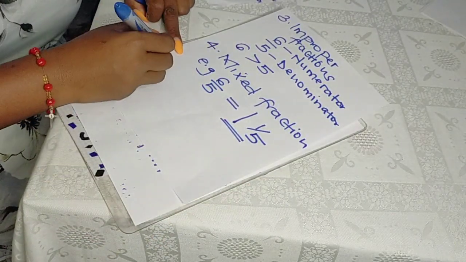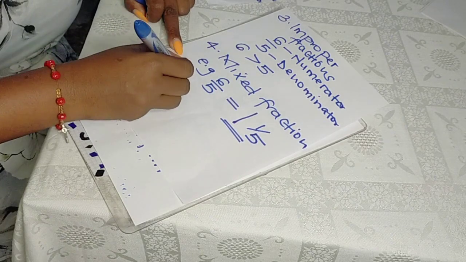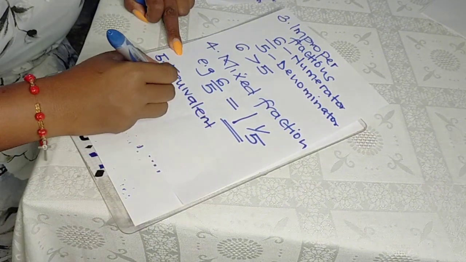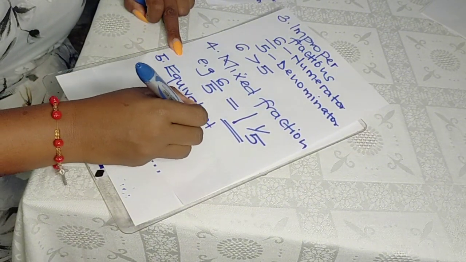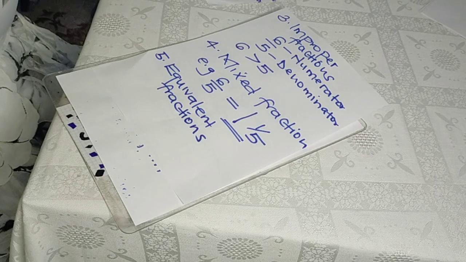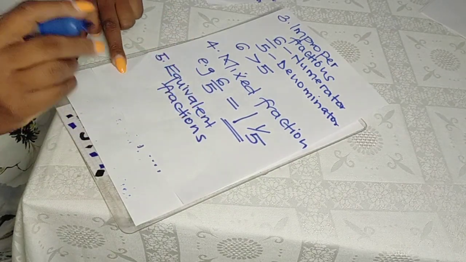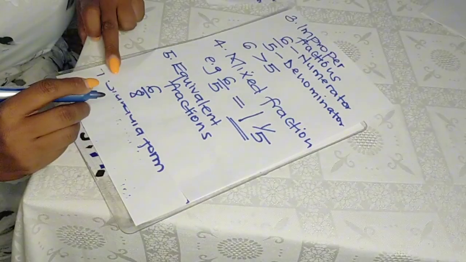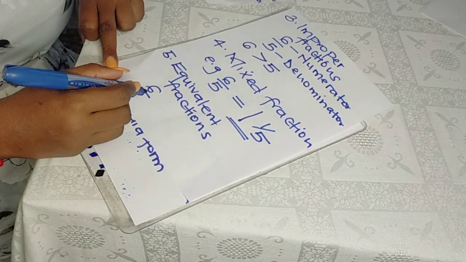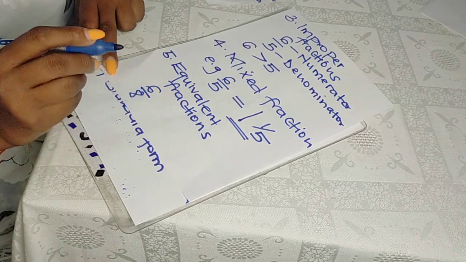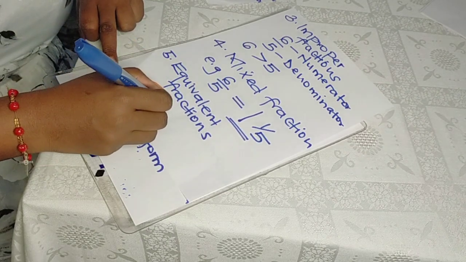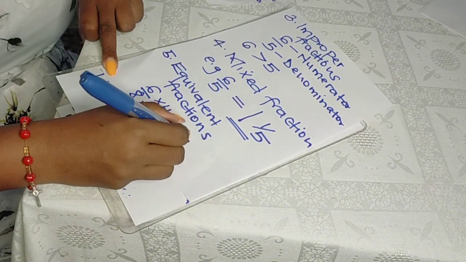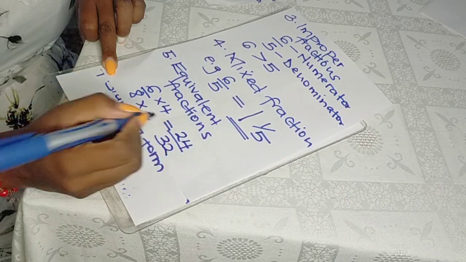From there, we move on to equivalent fractions. Under equivalent fractions, here is a case whereby we have a fraction like 6 over 8. If we multiply both the numerator and the denominator by the same number, for example by 4, then we shall have another fraction which will be 24 over 32.